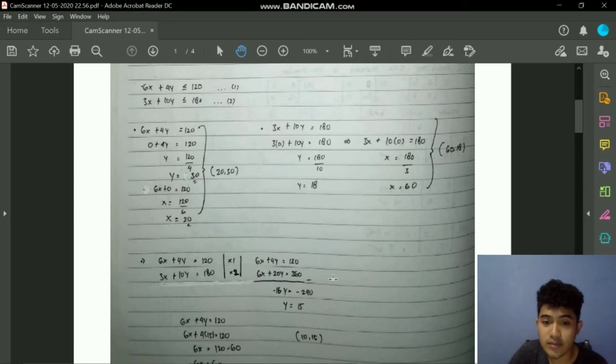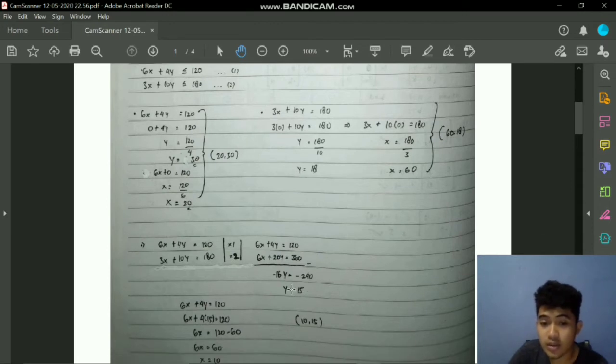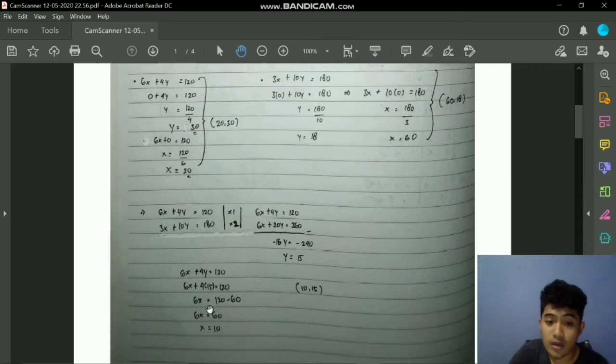So 6x minus 6x is 0, 4y minus 20y is minus 16y, and this gives minus 240. Minus 240 divided by minus 16 is 15, and we substitute that y into this linear equation.